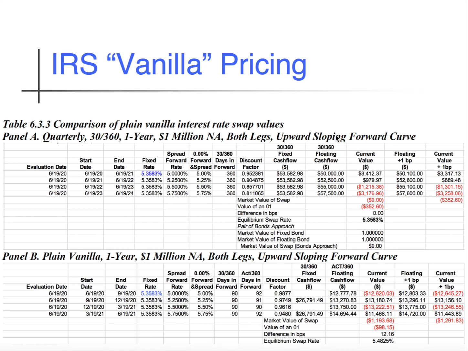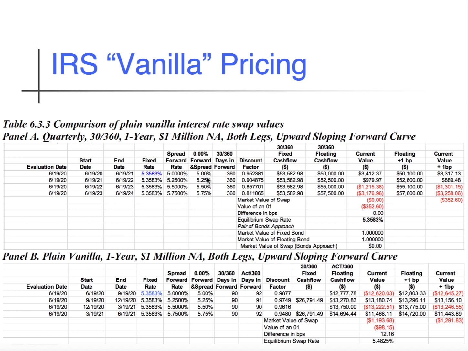We now turn to some technical aspects of interest rate swap pricing. In panel A of table 3, which comes off a spreadsheet provided in the zip file corresponding to chapter 6, notice that the forward curve is upward sloping by 25 basis points.